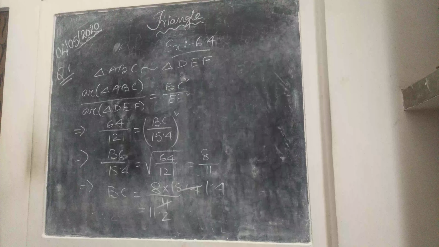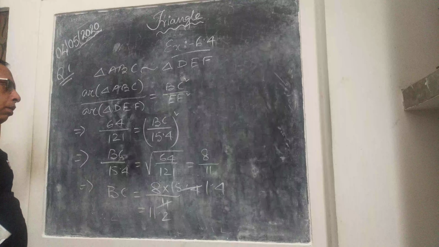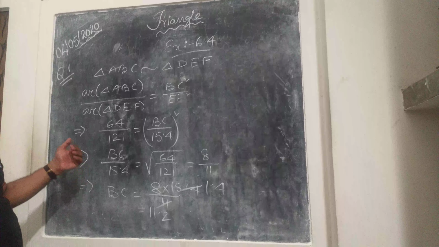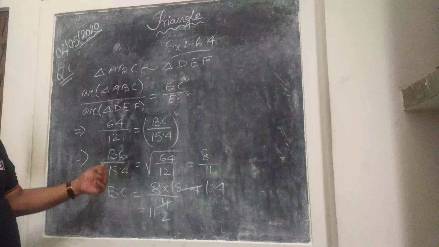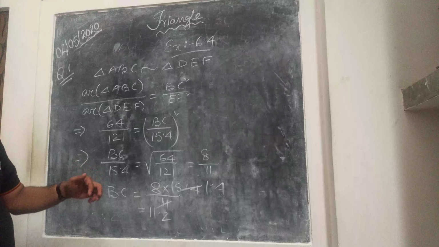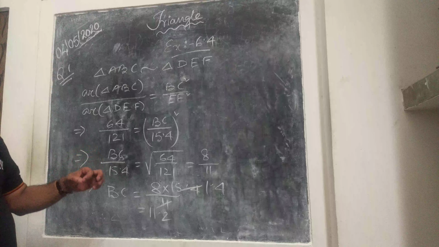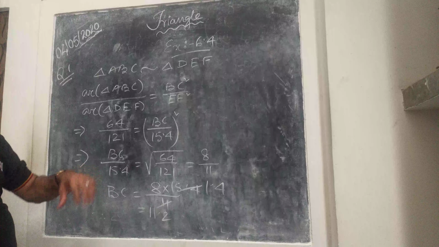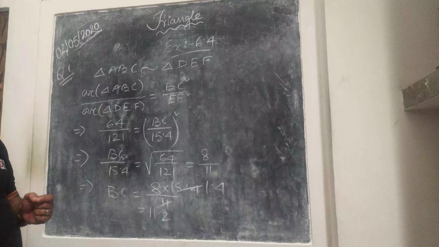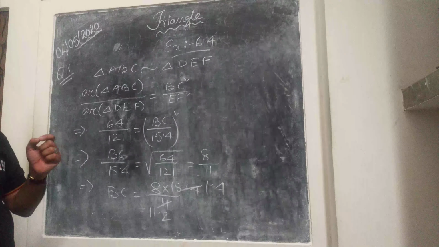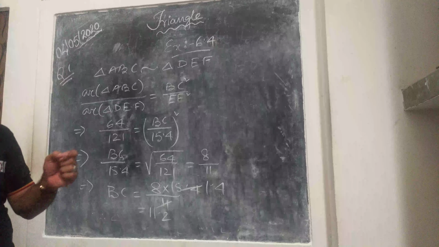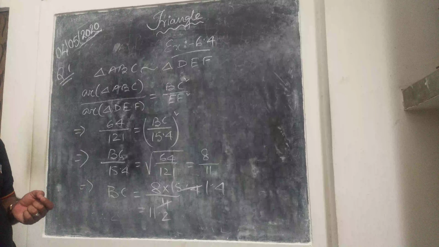Now most of you may think that I have used the ratio of the areas of two similar triangles equals the ratio of the squares of their altitudes. Actually, in the theorem it was given with sides, but I have done it with the altitude. That means I want to show that it can be the side, the altitude, or the median, anyone.